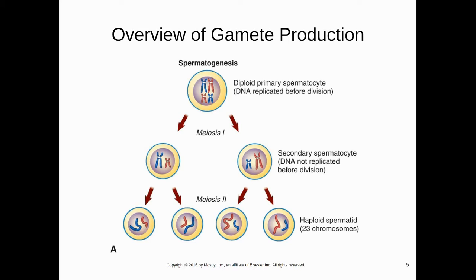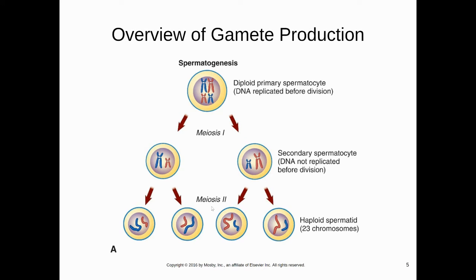So what happens in the first stage of meiosis is we divide, and instead of dividing the chromosomes in half, we're going to essentially take one chromosome for each pair and put them into two separate cells. So essentially the chromosome pairs separate and go apart.